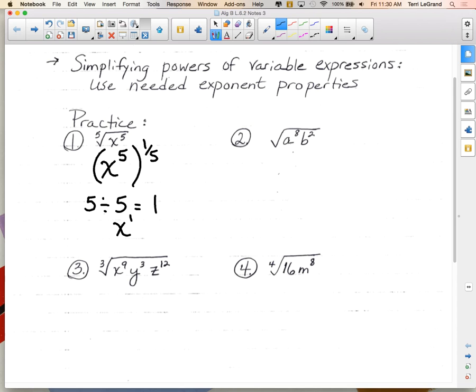Could you find that in the notes for me, please? Where's that property that says we can take the exponent on the radicand, the base, and divide it by the index, and we will have the exponent on our simplified answer.